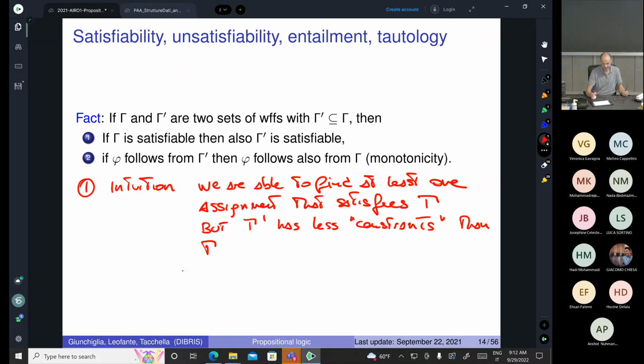If you have at least one assignment that satisfies gamma, and you take away some of the formulas, so you have a subset of gamma, then it is easier to satisfy them. There could be even more models at that point, but definitely the models you had before still work. This is not meant to be a proof, it is just relying on your intuition, and we are giving this as a fact.